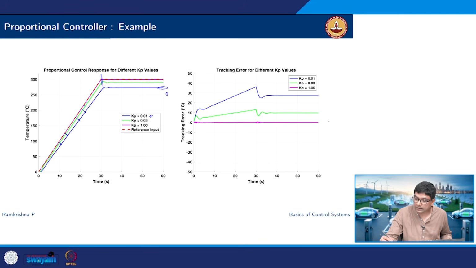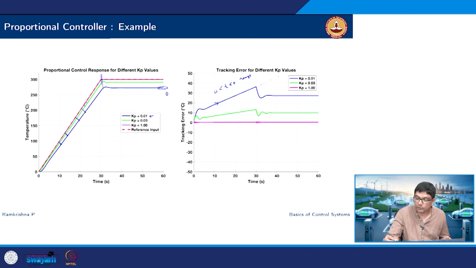Similarly, on the right hand side, we can see how the error behaves for different values, and see that the error keeps on increasing. This is again for t between 0 and 30, where my reference is a ramp, and as this keeps going, the error will just become infinity.